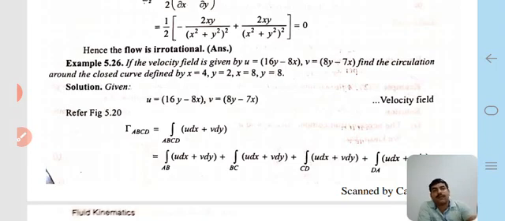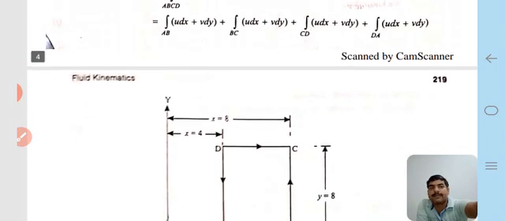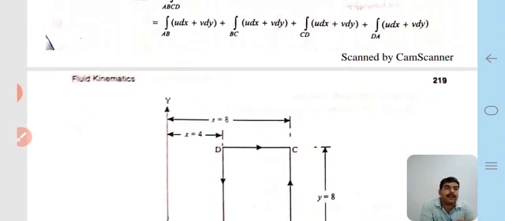Breaking the integral into different sections: first AB, BC, C to D and D to A. This is the closed contour: A to B, B to C, C to D, and finally D to A.